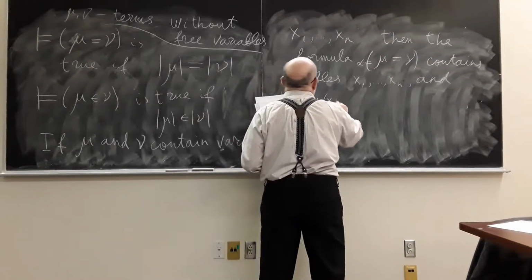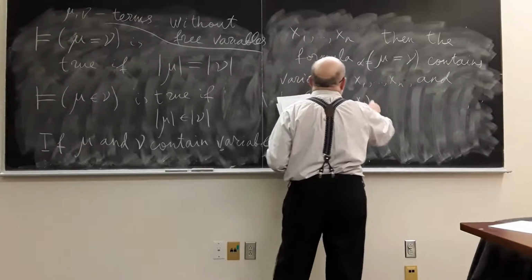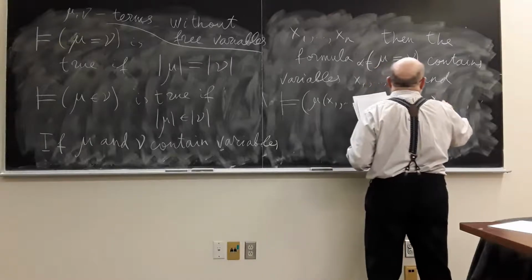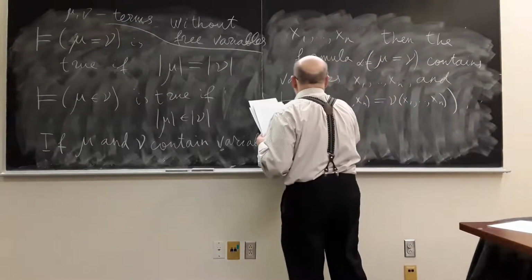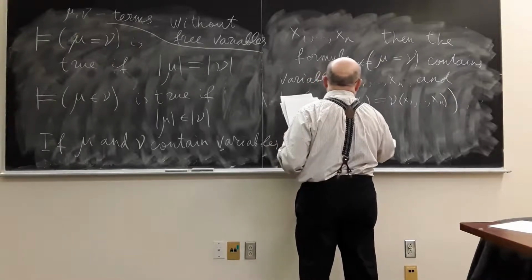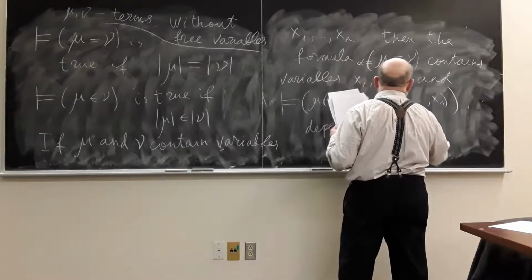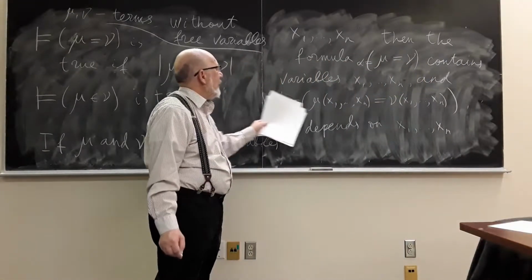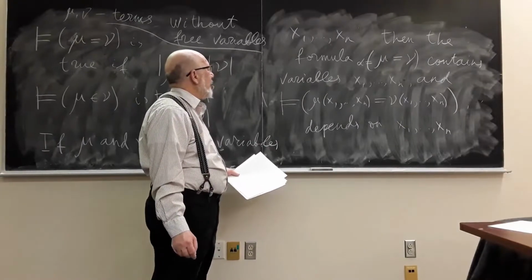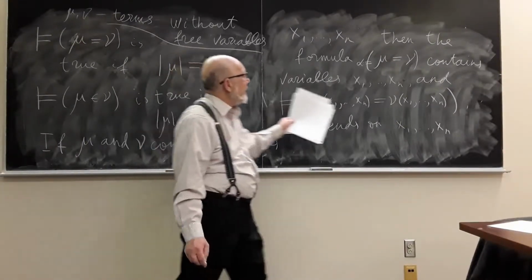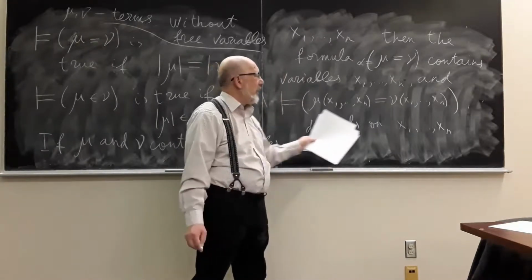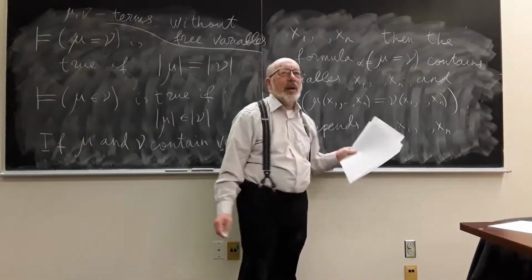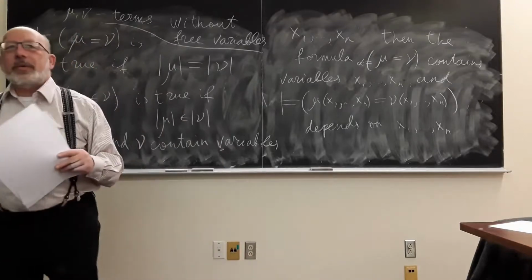Mu of x1, ..., xn equals nu of x1, ..., xn depends on x1, ..., xn. I would say the truth value of this formula depends on parameters. So for concrete values of x1 and so on, it can be either true or false.